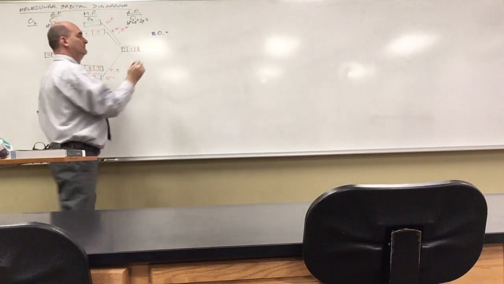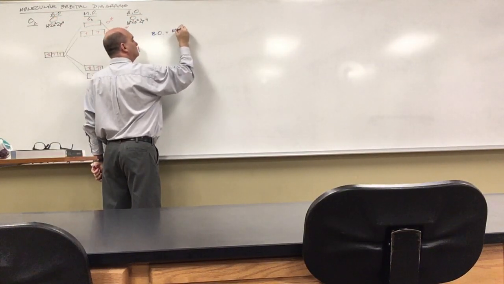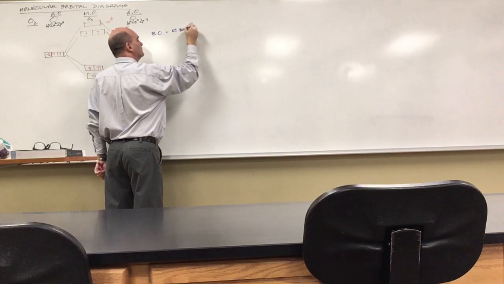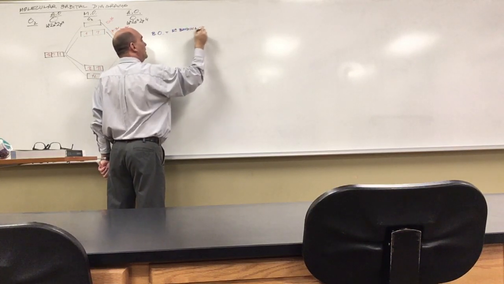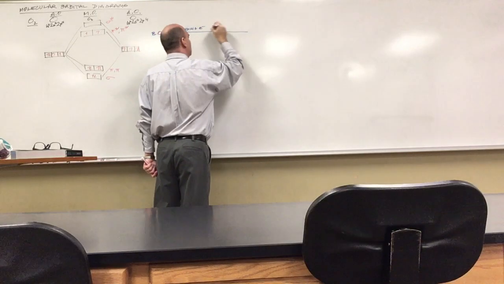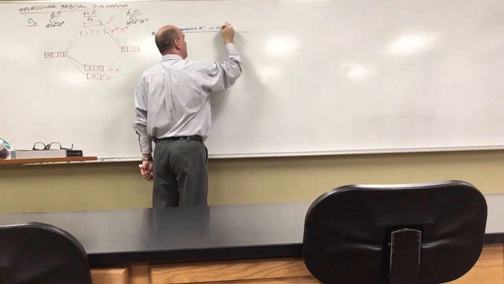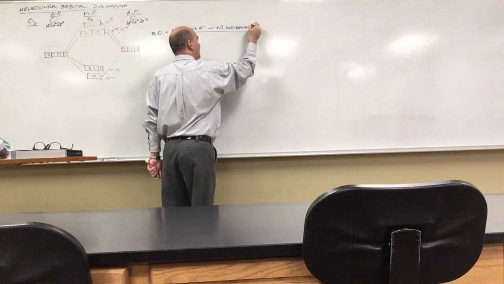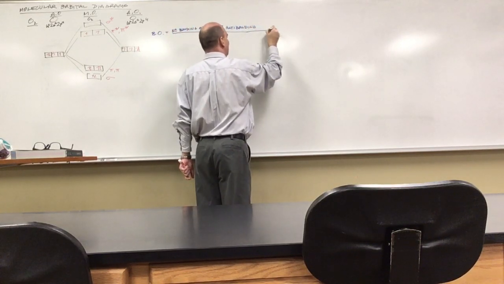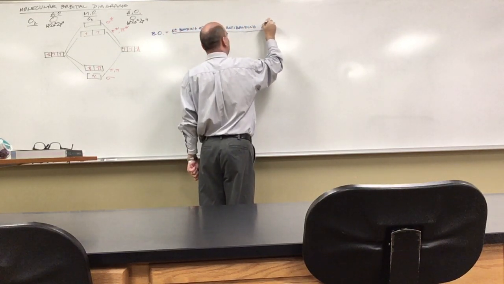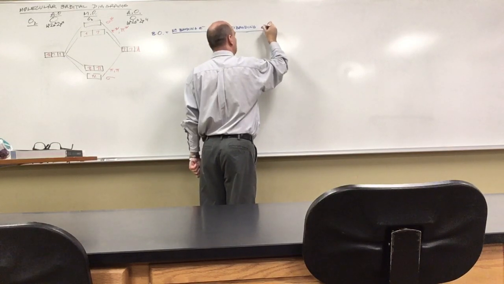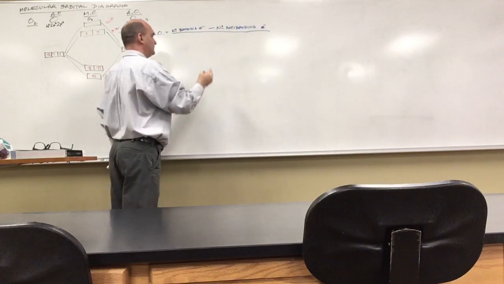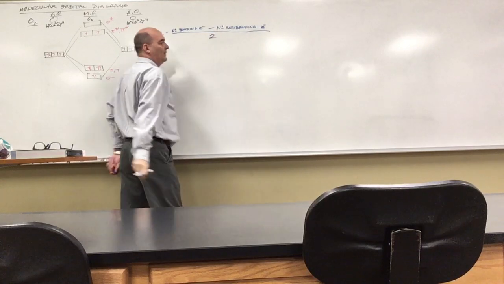Number of electrons in bonding molecular orbitals minus the number of electrons in antibonding molecular orbitals. Number of bonding electrons minus number of antibonding electrons, and because 2 electrons shared between 2 atoms is a bond, you have to divide the whole thing by 2.